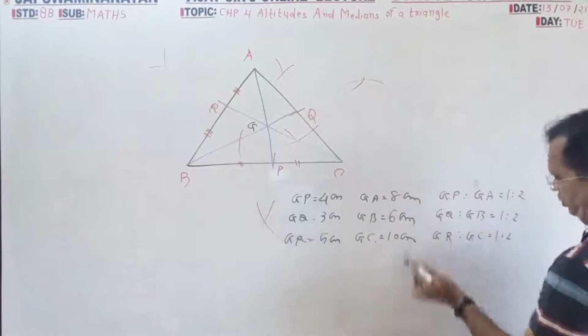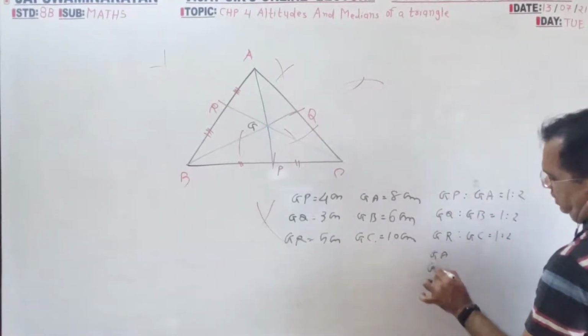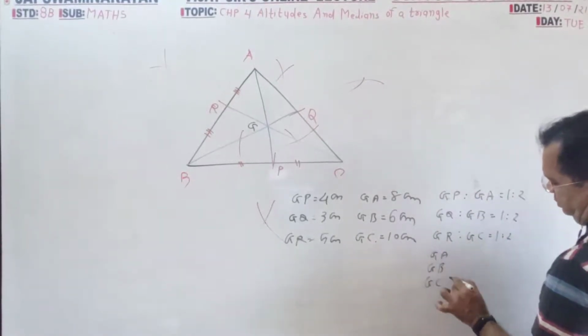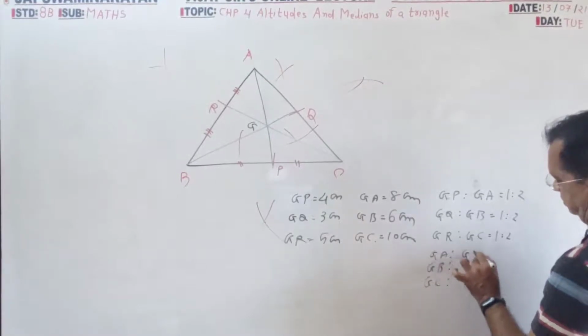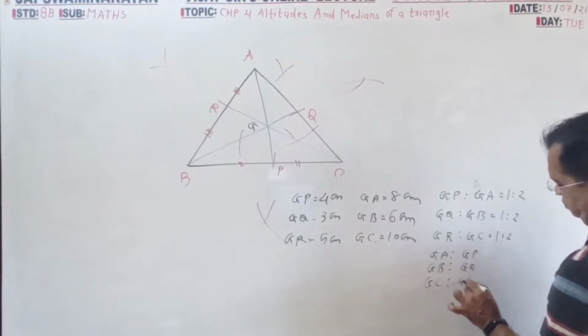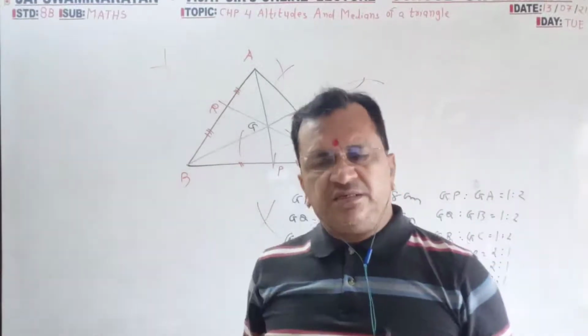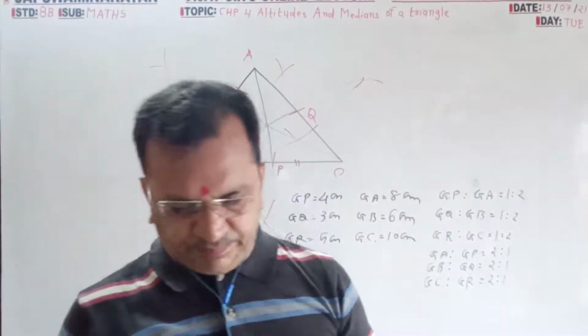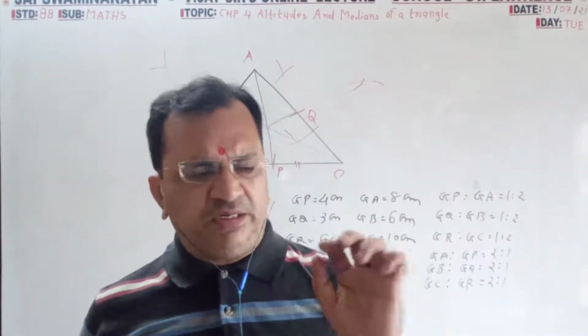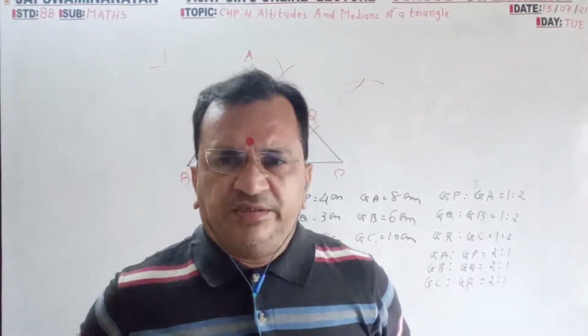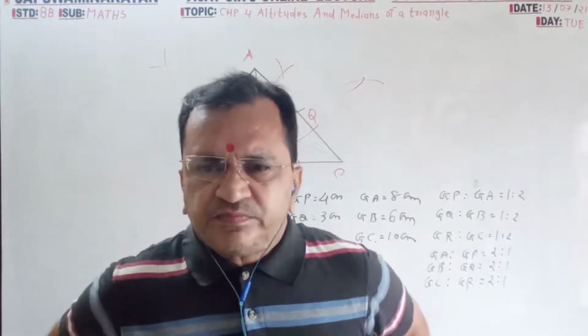If they will ask ulta, GA, GB, GC, GP, GQ, GR. So from smaller to bigger, 1 is to 2. From bigger to smaller, 2 is to 1. Anything they can ask.